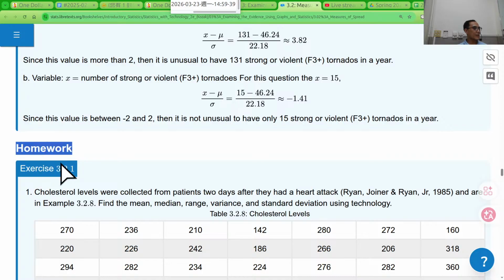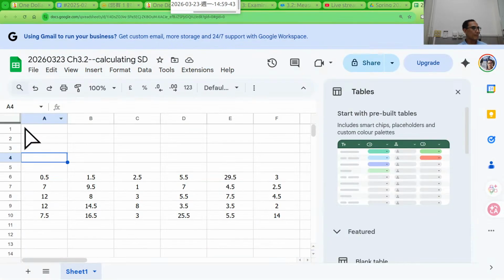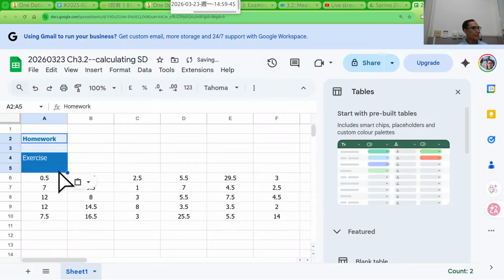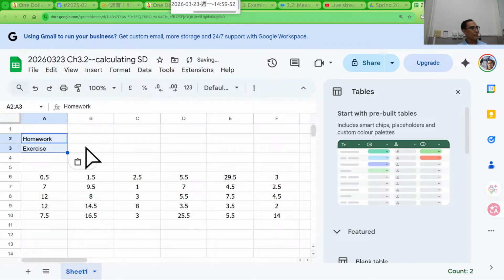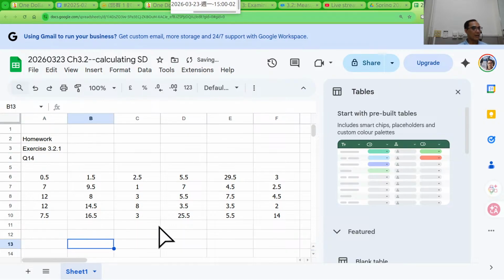Homework exercise 3.2.1. That is question 14. Okay.